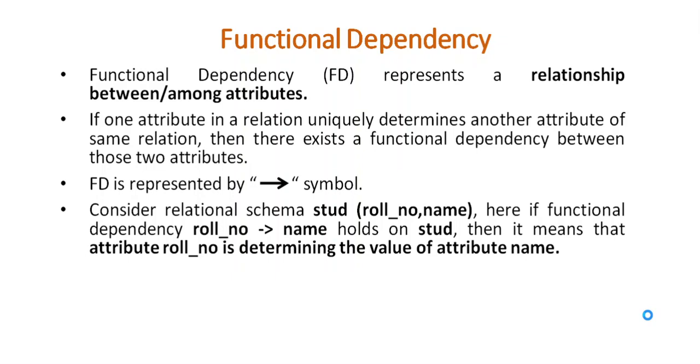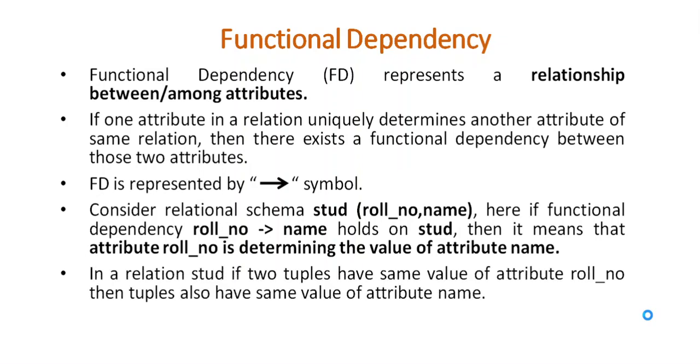That's why we can say there is a functional dependency between these two attributes. So if any two tuples have the same value of attribute roll number, then those two tuples will have the same value of attribute name, because roll number is determining name.